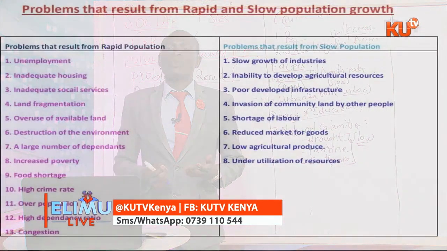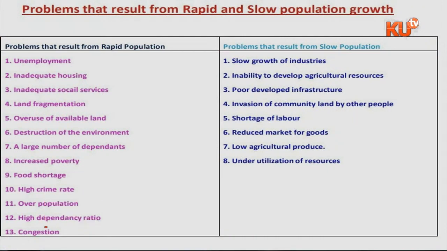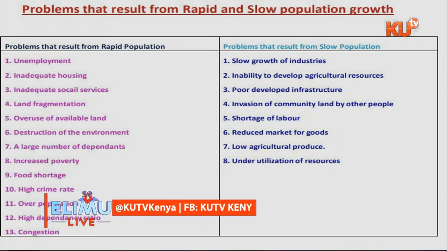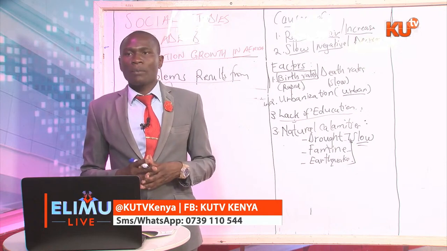The government sometimes will have to tell people to move away, or we have to cut down and exploit trees due to the high number of people, leading to congestion. The vegetation that will be cleared will be for settling people due to rapid population growth. Then the dependency ratio will also be very high.